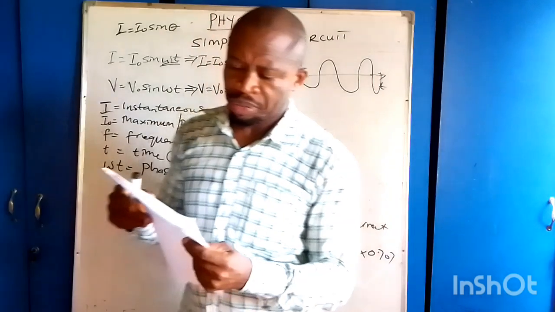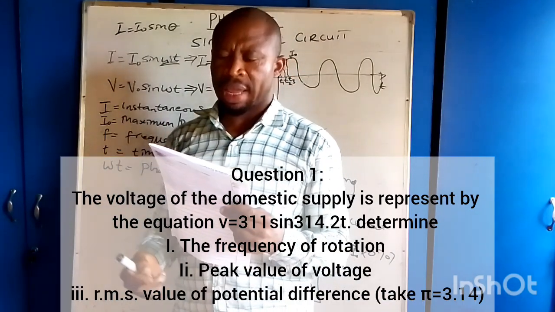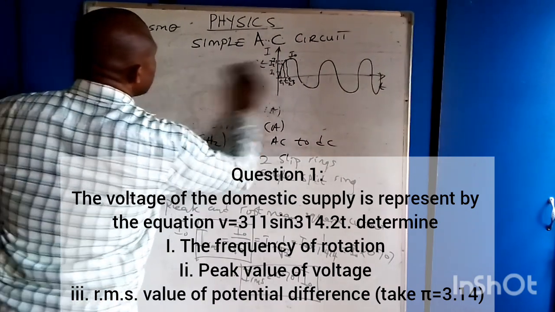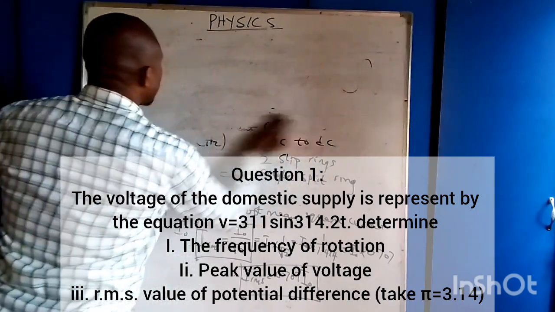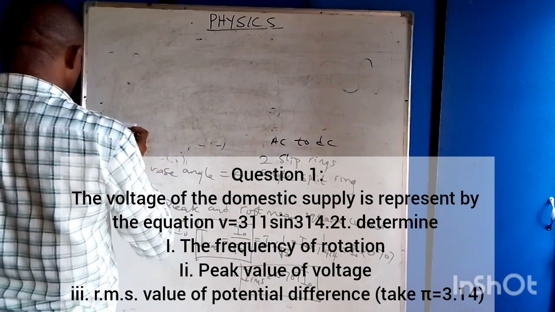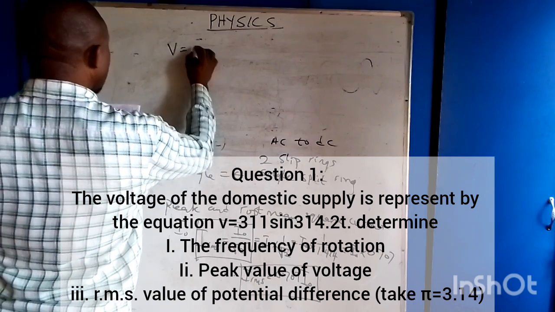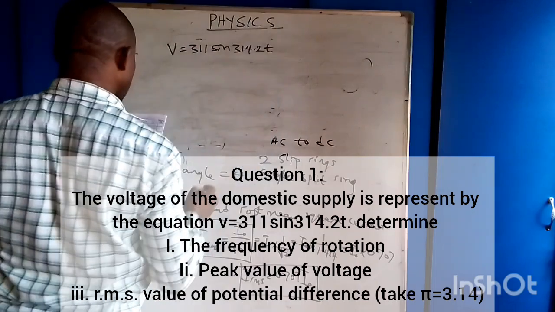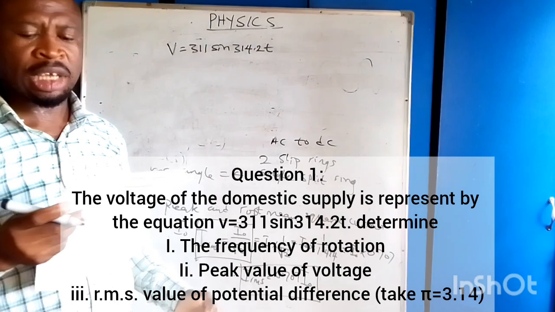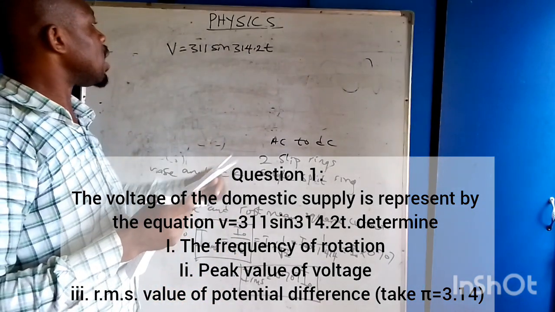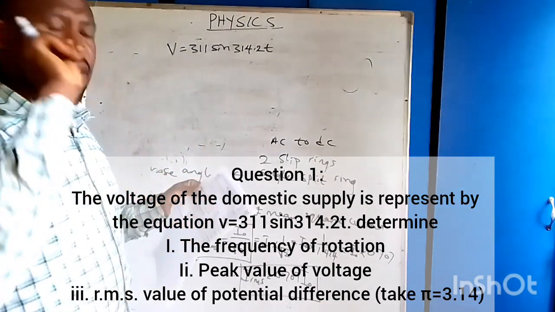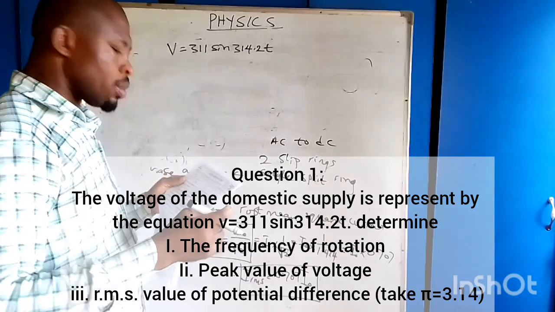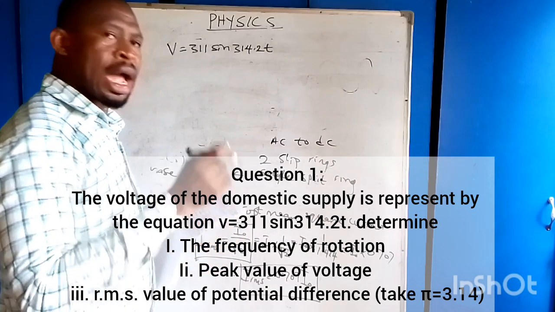The first question says the voltage of a domestic supply is represented by the equation V is equal to 311 sine 314.2 T. Determine: one, the frequency of rotation; two, the peak value; and three, the RMS value of the current.